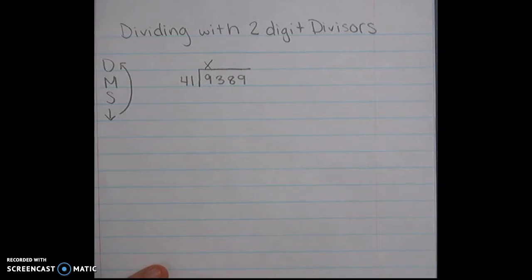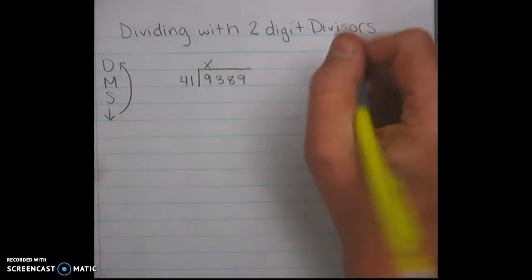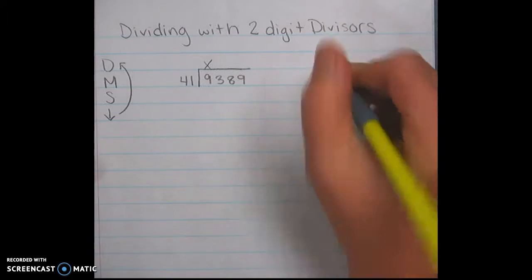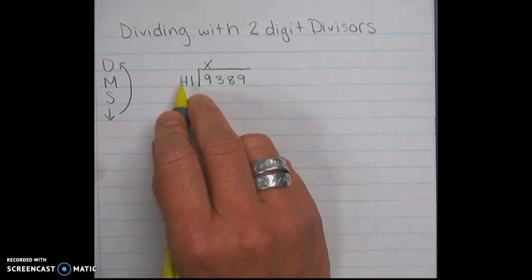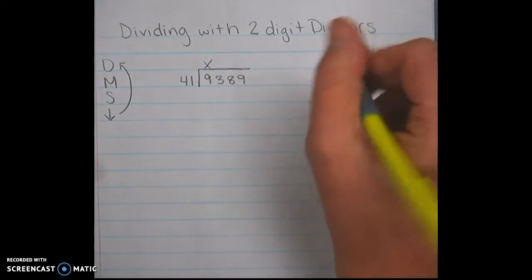So we don't know our 41s like we know our 5s, our 10s, our 2s. We can't just count by 41s or skip count by 41s. So we have to have a little bit of a strategy that we use to get our answer. But I do know that I can count by 40s because 41 is closer to 40 than it is 50.